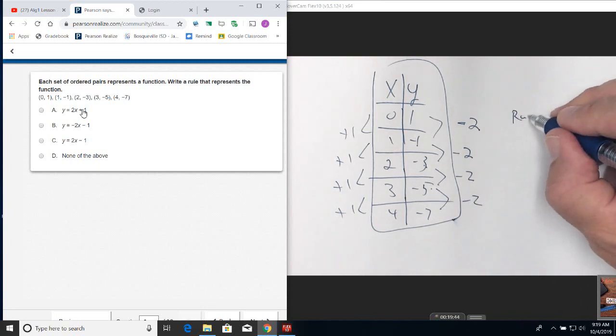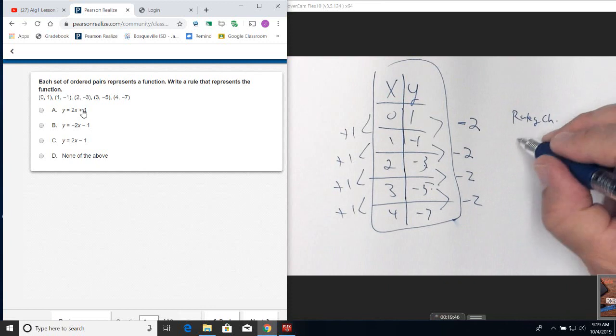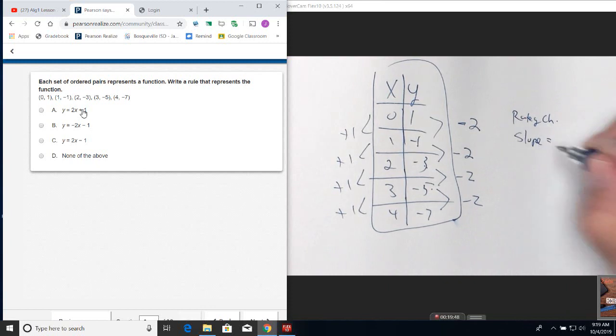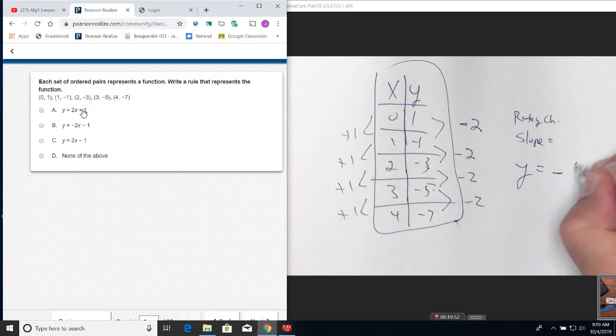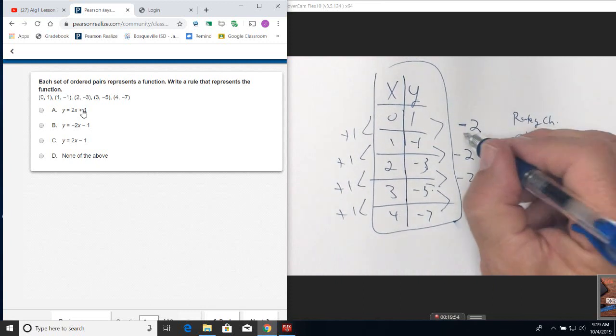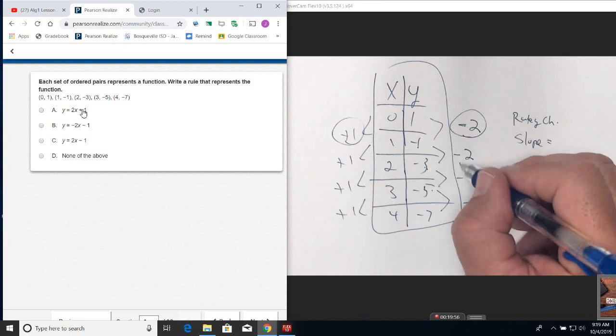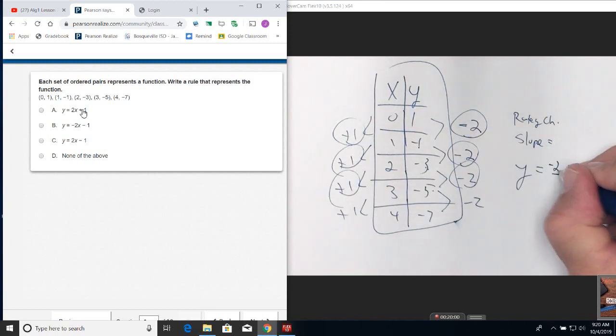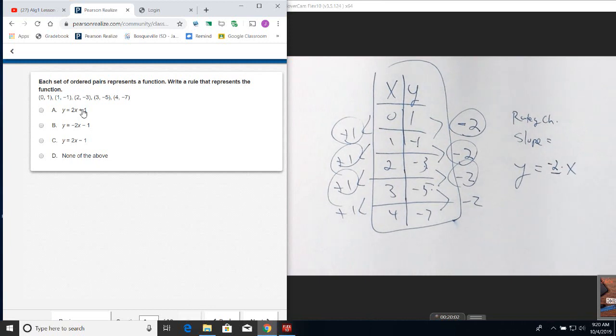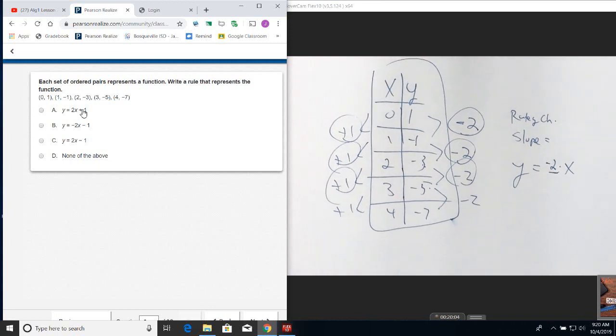So what is my rate of change? Or what is my slope? Or what am I multiplying x by to get y? The change in y over the change in x is negative 2 over 1. So my slope is negative 2, and I'm multiplying my x by negative 2 to get y every time.